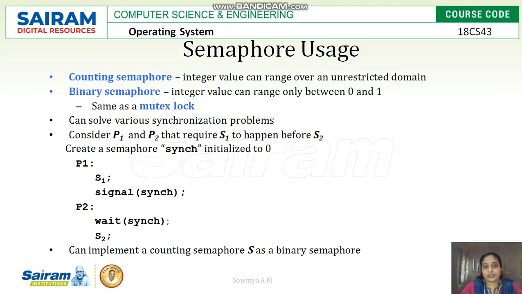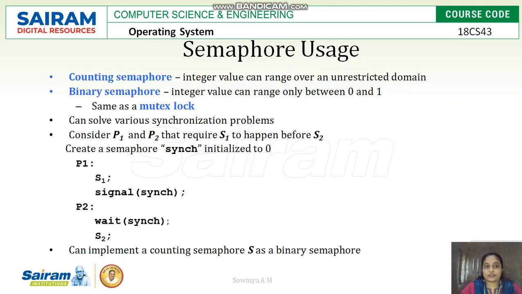Continuing with semaphores, we have an integer value that can range over an unrestricted domain. So we can take the s value as binary, which is between 0 and 1, or we can go for semaphore values of unrestricted values, like it can go from 0 to minus 100 or plus 100 or any unrestricted value.